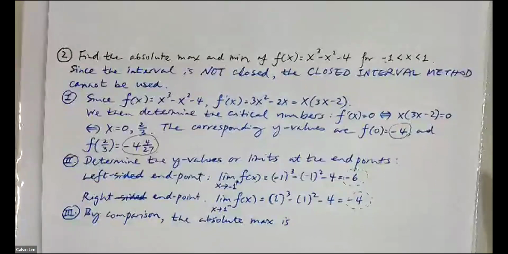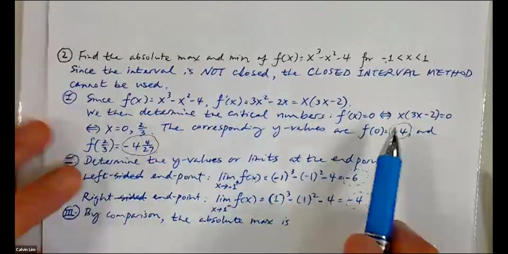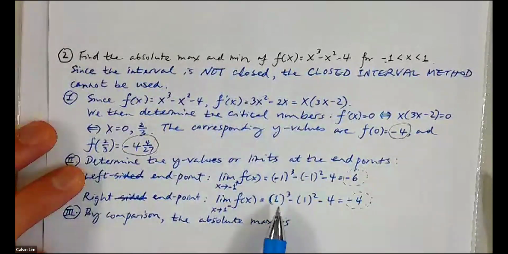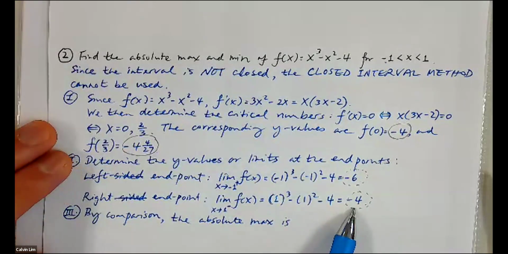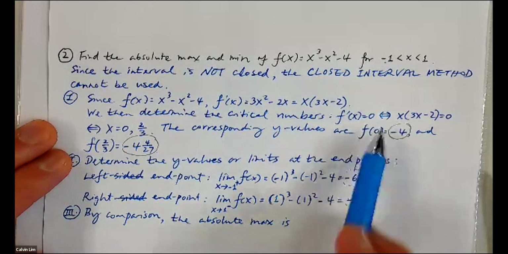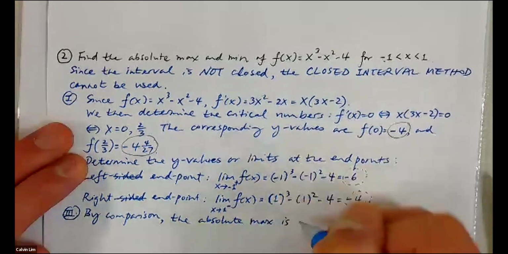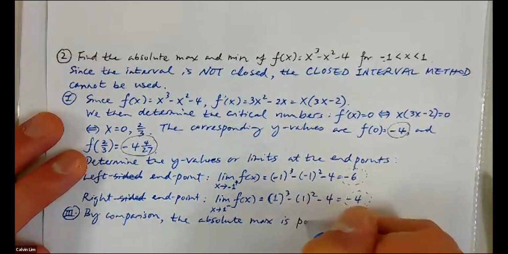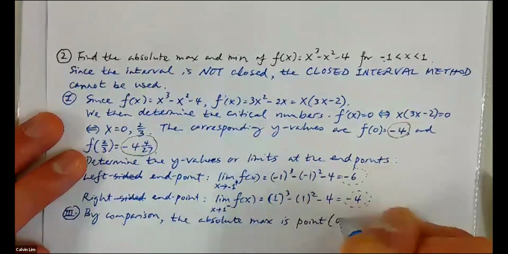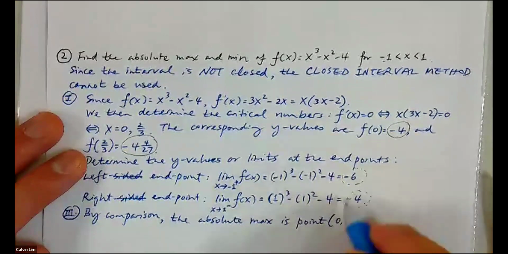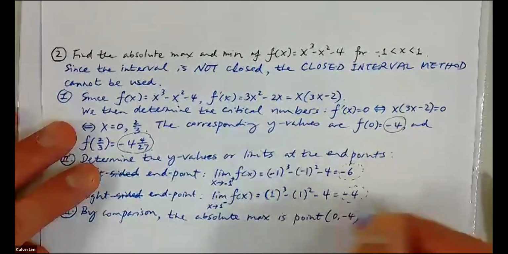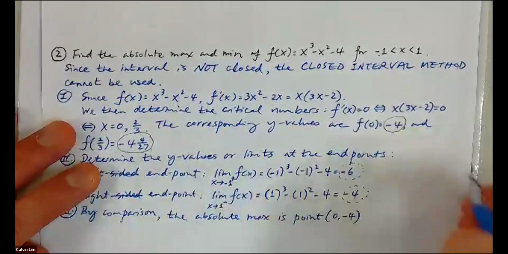No. So where does it happen? Is it at (0, -4) or (1, -4)? It's (0, -4), the only solid point. The point (1, -4) is not an absolute max.